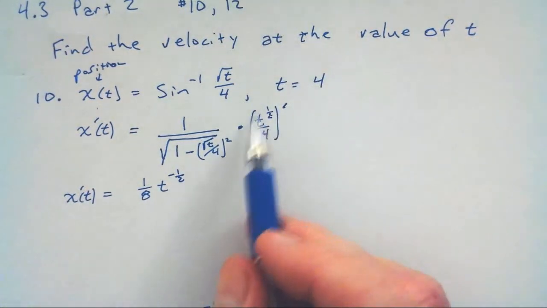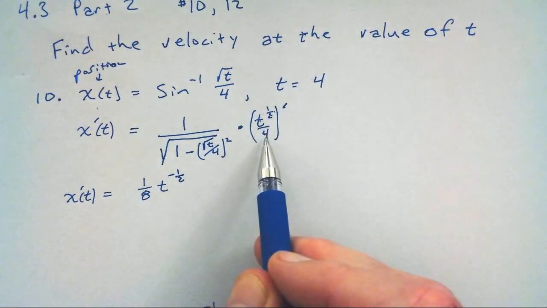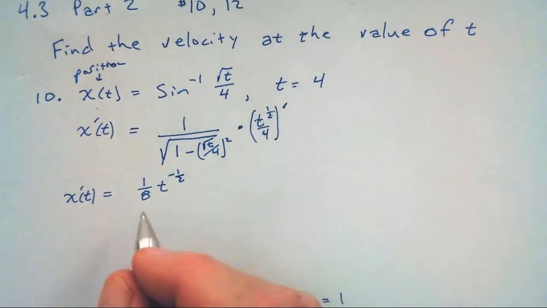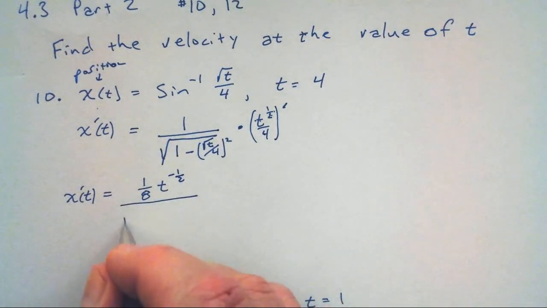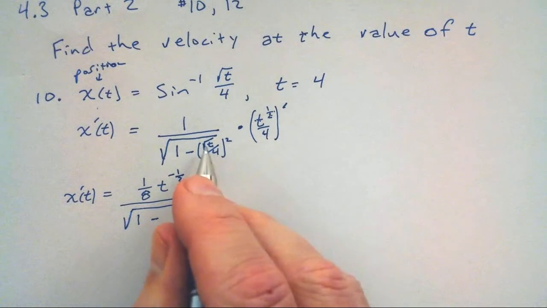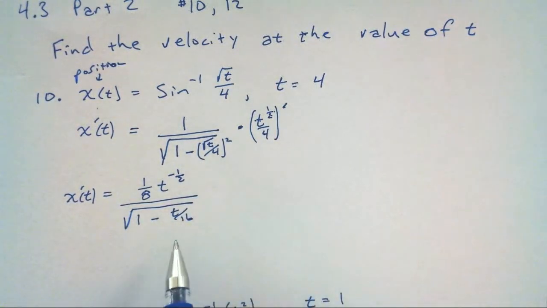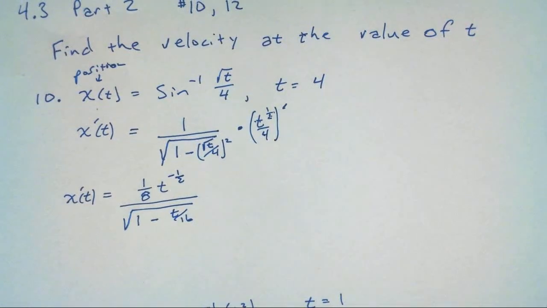That okay? 1/2 t to the negative 1/2 divided by 4, 1/2 divided by 4, 1/8. And that is all over the square root of 1 minus the square root of t, squared, over 16. And maybe we'll do something about cleaning that 16 up when the chance arrives for us.